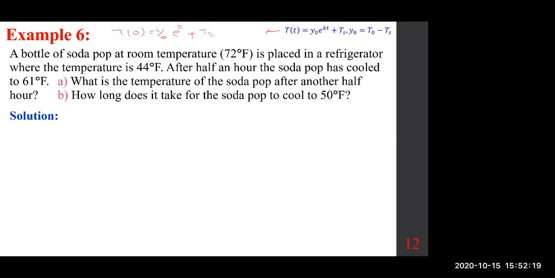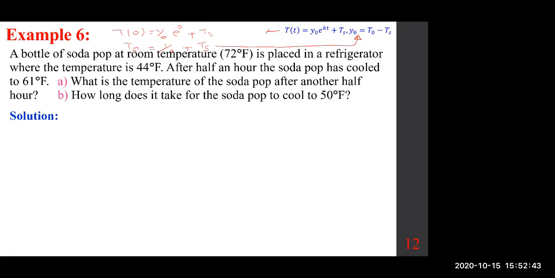Now, T of 0 is the same as T sub 0. E to the power of 0 is 1, so this is y sub 0 plus T sub s. So what is y sub 0? Y sub 0 is the change in the two temperatures.